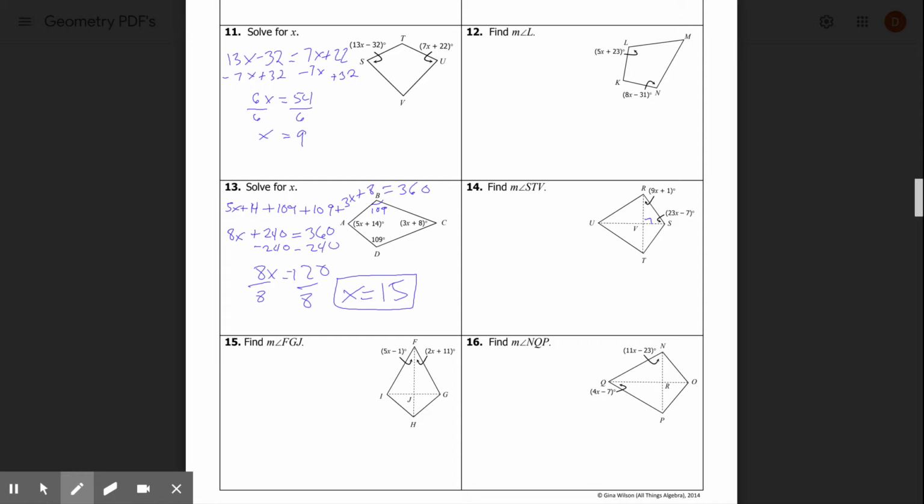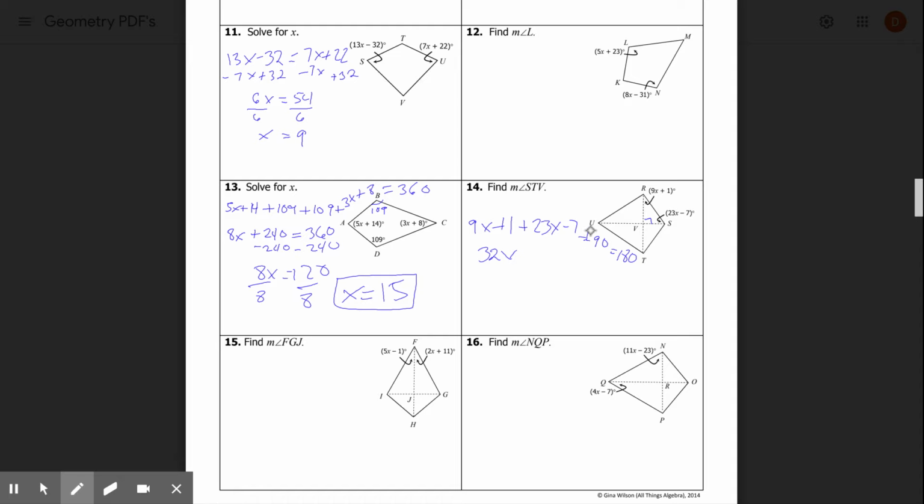So we would have 9x plus 1 plus 23x minus 7 plus 90 equals 180. And then we can combine like terms. So 9 and 23 is 32. So we have 32x. And then we have 1 plus 90 is 91 minus 7.